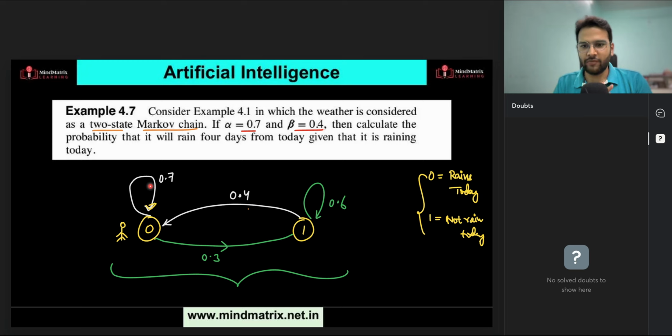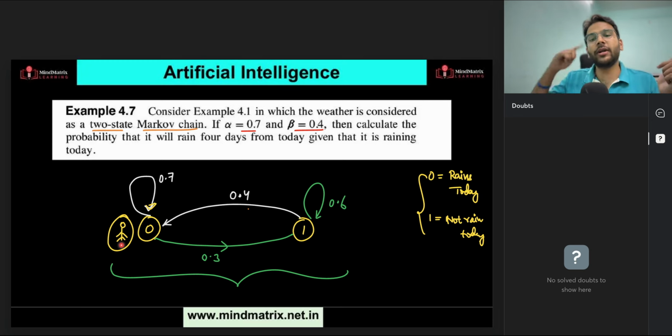Whenever you are confused, just stand at a particular state. It is raining today, so you are standing here. Now you want to check whether it will rain tomorrow or not. I hope it is clear now.